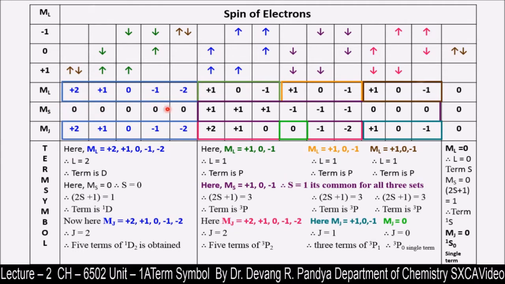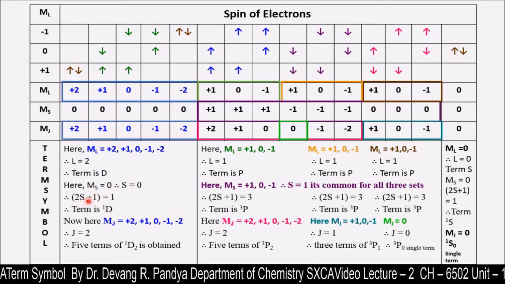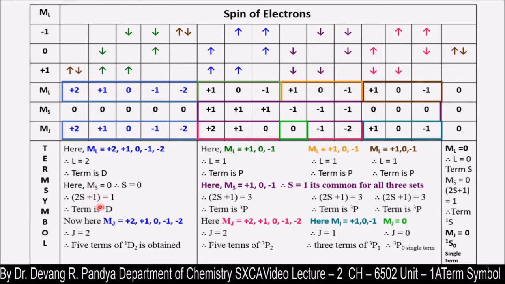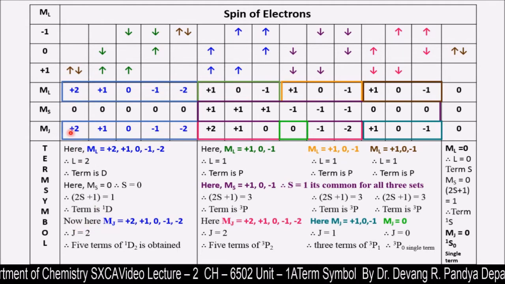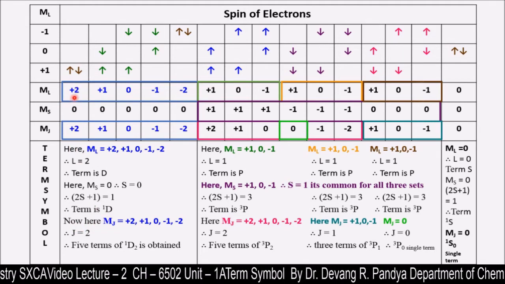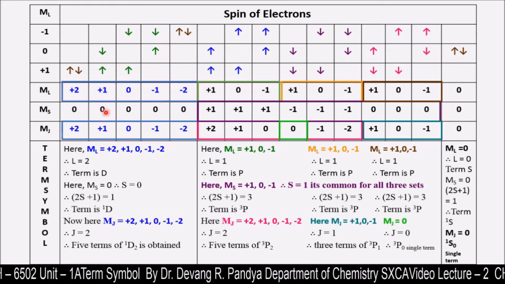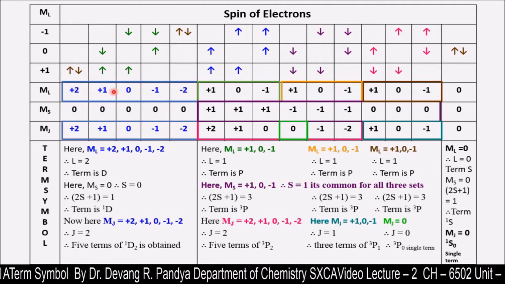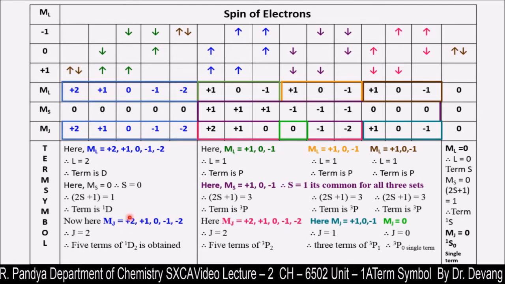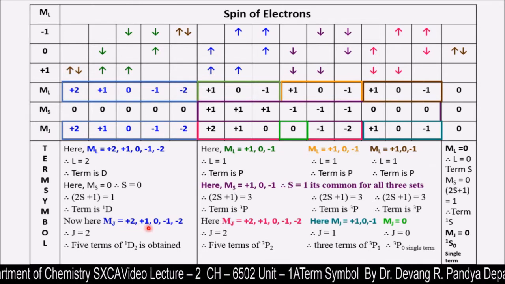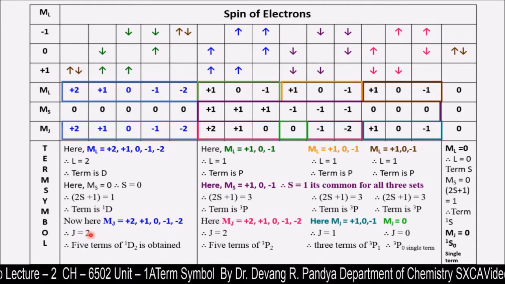Our m subscript S value is 0. So S value is 0. As a result, spin multiplicity is 1. It is a singlet. So singlet D is there. For m subscript J value, we have L plus S. That means +2 plus 0, that is +2, +1 plus 0, that is +1. So whatever m subscript L is, that is your m subscript J value, and that is +2, +1, 0, -1, -2, and for that J is equal to 2.